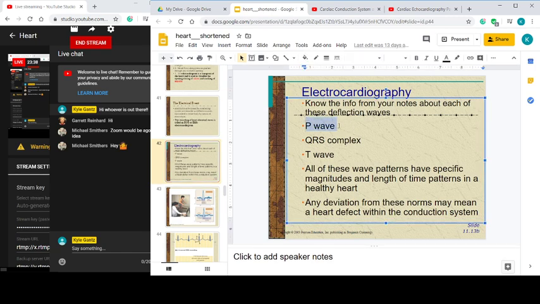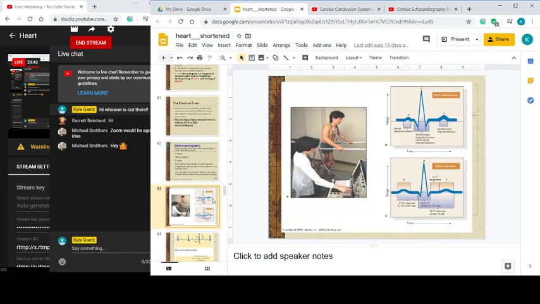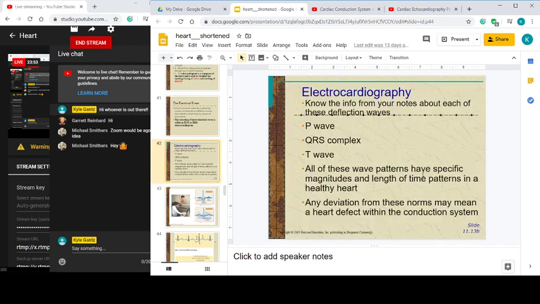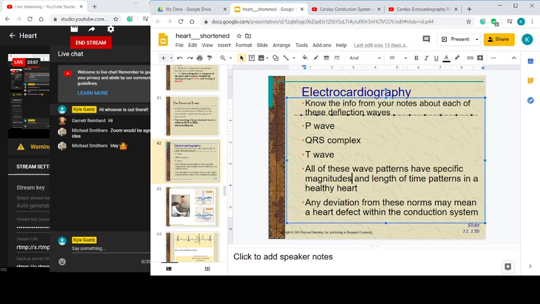There's a P wave, a QRS complex, and a T wave. All of these wave patterns have specific magnitudes and length of time patterns in a healthy heart.